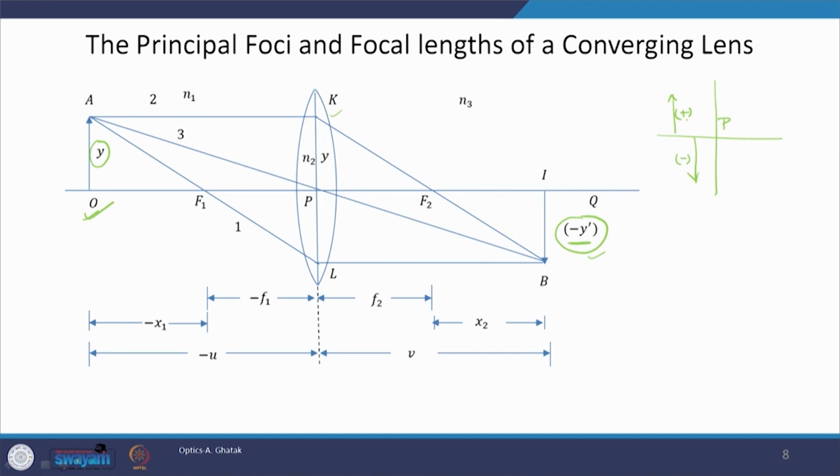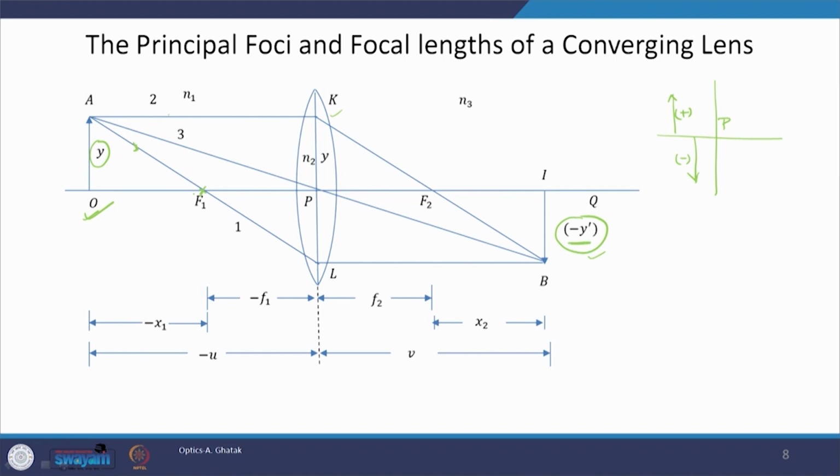Now, to form an image, usually what people do is pass one ray through a point f1, which is called the first principal focus of the lens. What is the property of the first principal focus of a lens?